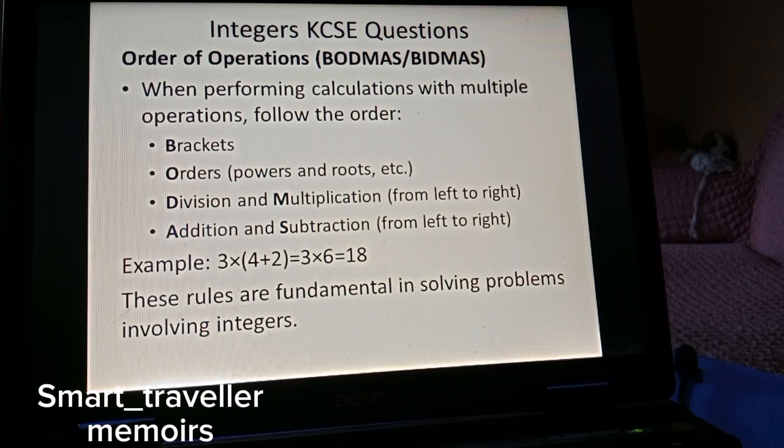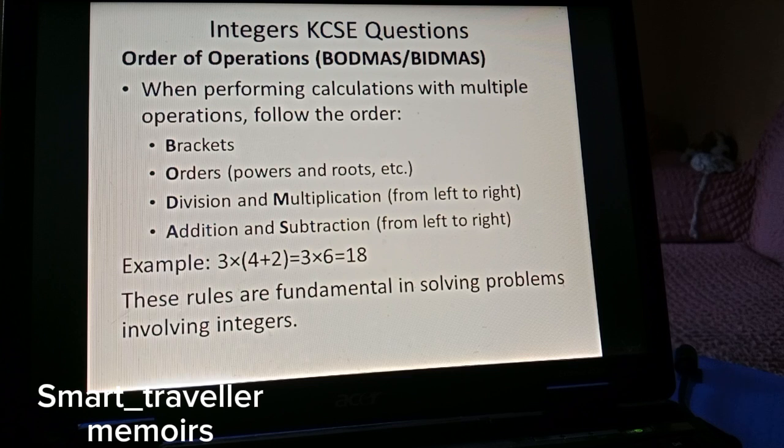When performing calculations with multiple operations, follow the order: brackets, orders, powers and roots, or exponents, division and multiplication from left to right, and then addition and subtraction from left to right.